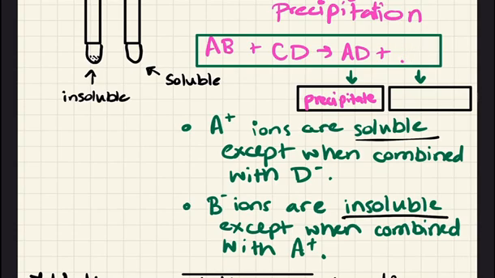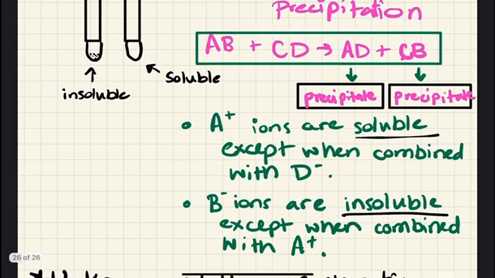I don't know why I changed this. This should be CB. All right, so here we go. CB. So B is usually insoluble, and the only exception it gives us is with A. So the conclusion we would get to is that this would also form a precipitate. So that means that we would see a lot of solid forming when we mix these two AB and CD solutions.